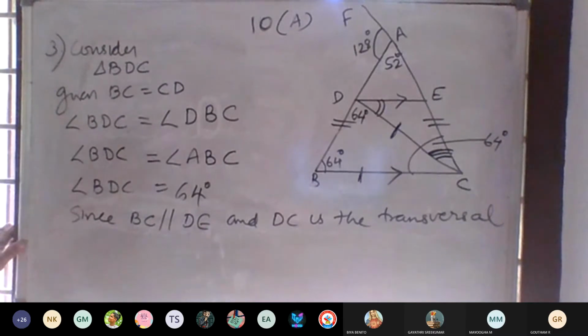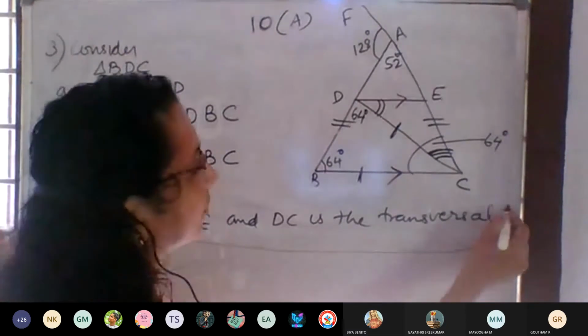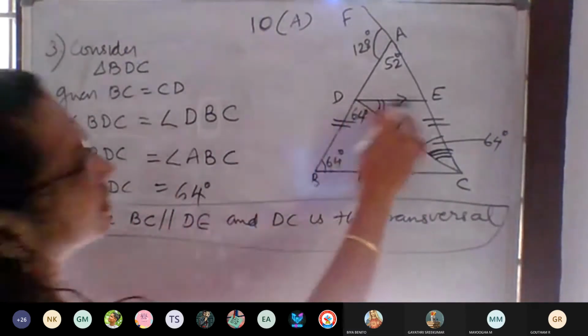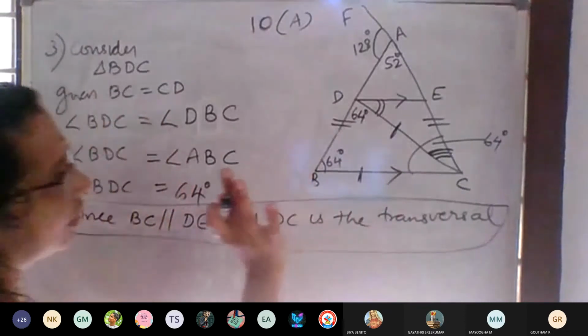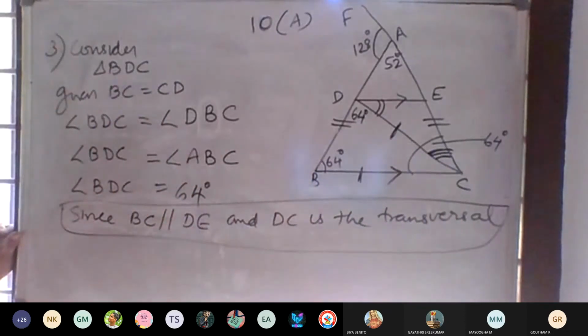Angle CDB we got now. CDE we have, or CDB we have. This point is given, which means these two are parallel lines. So before doing this, one more point you can add.